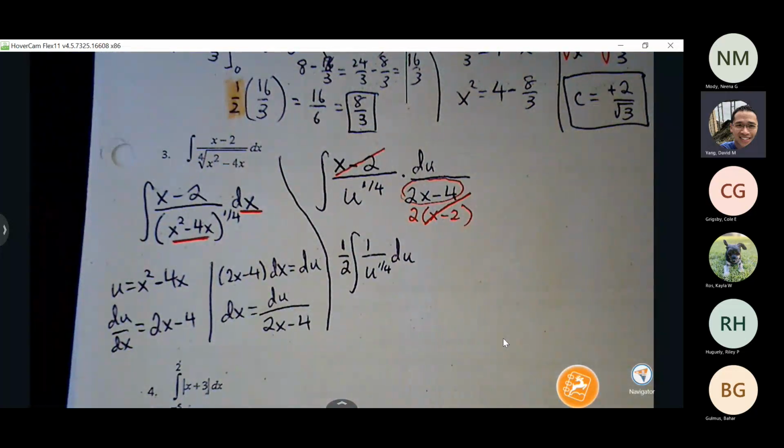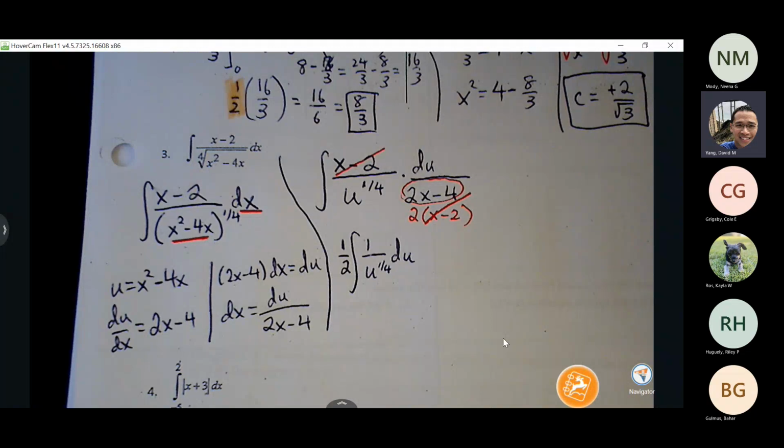Any questions so far? Right, so I'm looking to apply power rule. I'm definitely at a point where my expression is a lot easier to work with than what I began. But is there something that I still need to do before power rule? Yeah, I need that variable in the numerator, right?